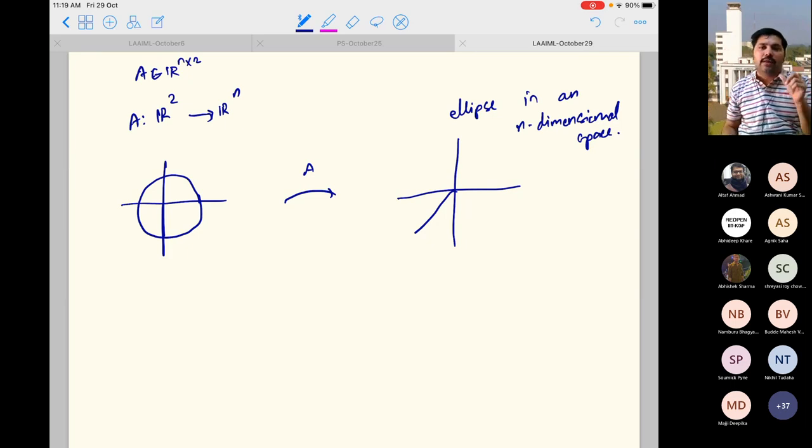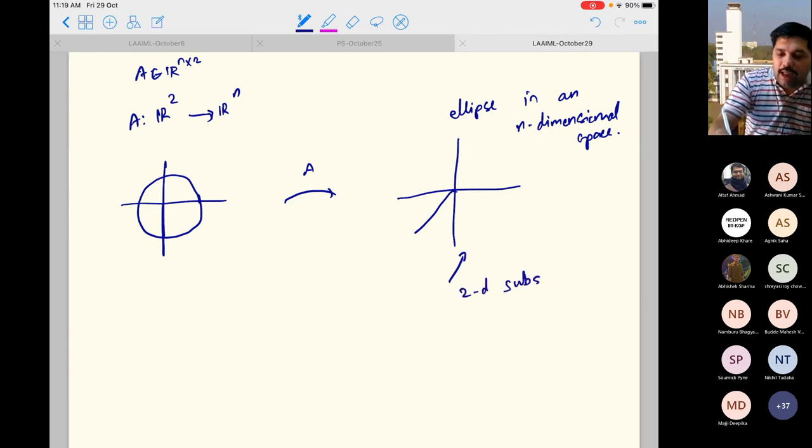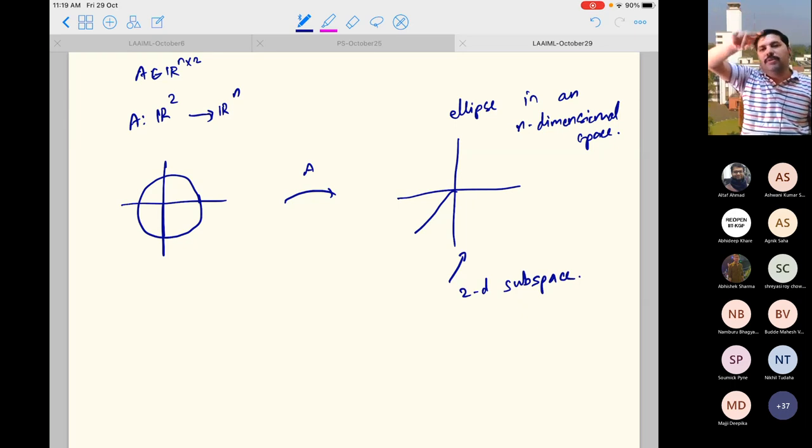It's not going to be an ellipsoid, because the maximum rank this matrix can have is 2. So you will have a two-dimensional subspace, and on that two-dimensional subspace you will have the ellipse. This is the geometry that you have to understand.